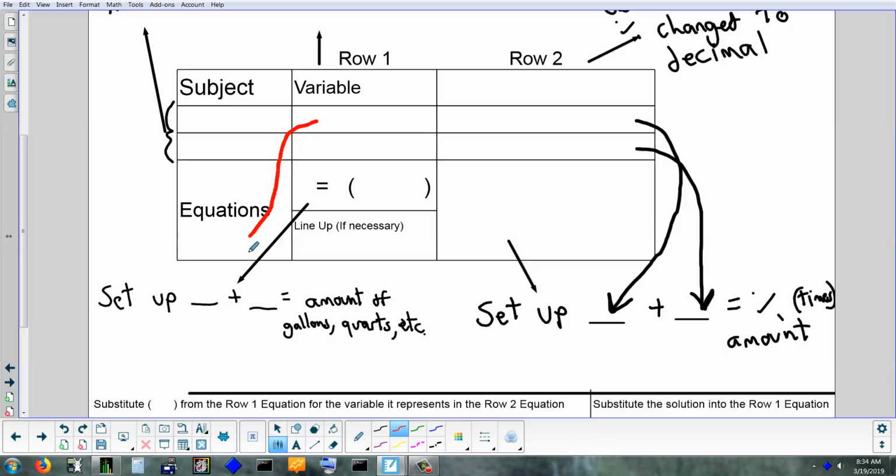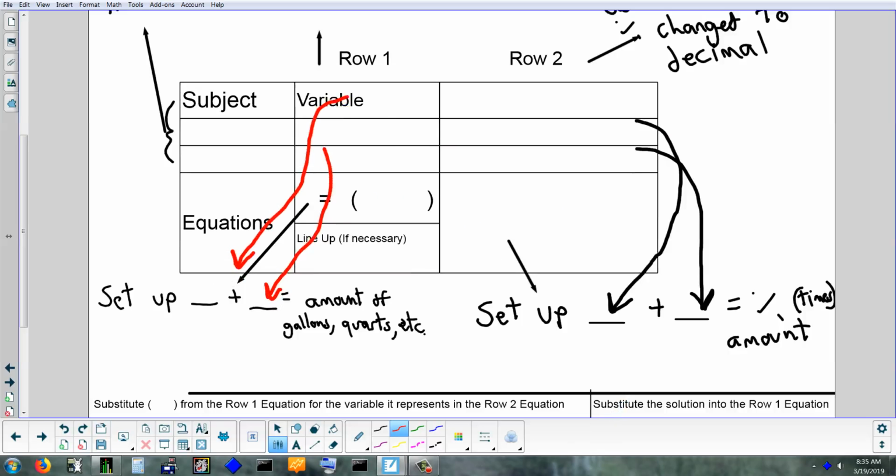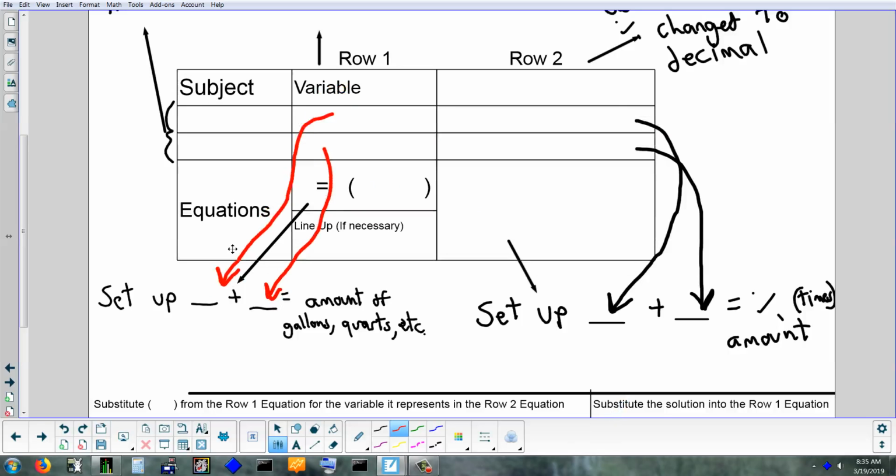Like Mr. Hager's showing you again, whatever you put here will go there. Whatever you put in that box will go there. For these types of problems, you have to rearrange to get a variable by itself. Just like yesterday, whoever represented that person there, we put it there.